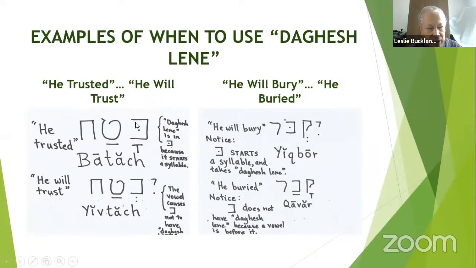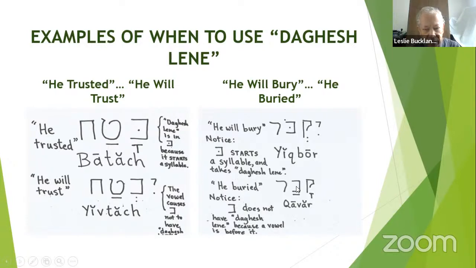Here is Beth, it begins a syllable at the beginning of a word. Here is Beth, it begins a syllable in the middle of a word, and so it can take Dagesh Lene. On the other hand, here is Beth, and there is a vowel before it, and it doesn't have Dagesh Lene.